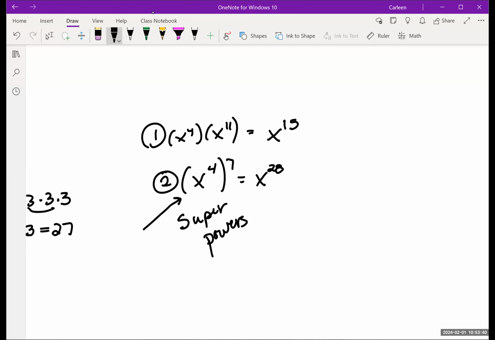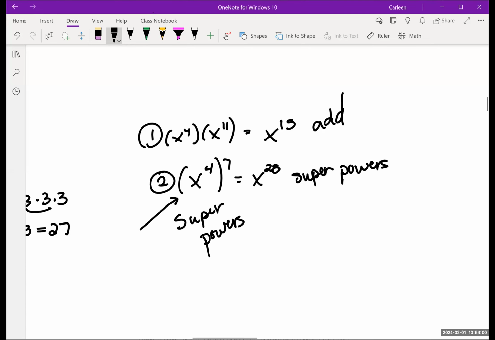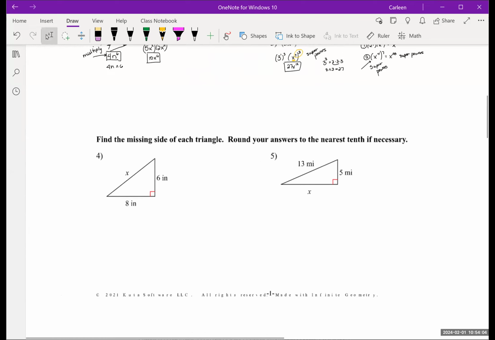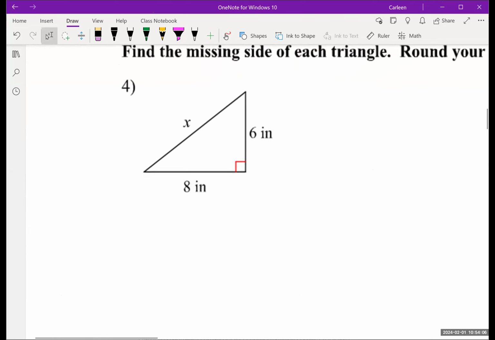When we have 2 variables and 2 exponents, add. When we have superpowers, multiply. 1 variable, 2 exponents, superpowers. Okay, awesome.